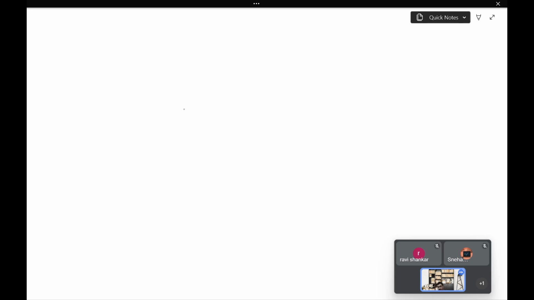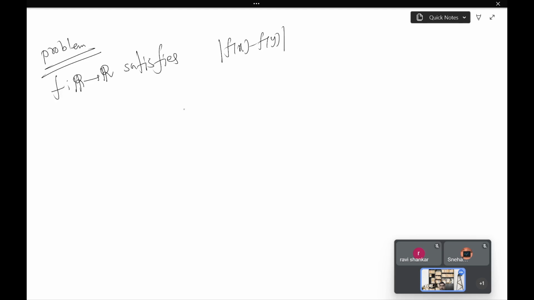Before we start Lagrange's mean value theorem, suppose f satisfies mod of f x minus f y is less than or equal to (x minus y) square, for all x, y.